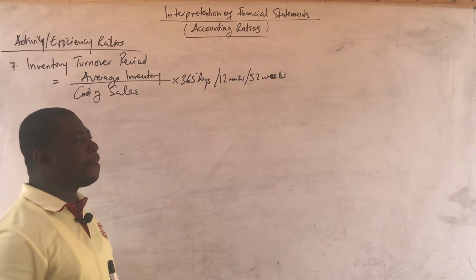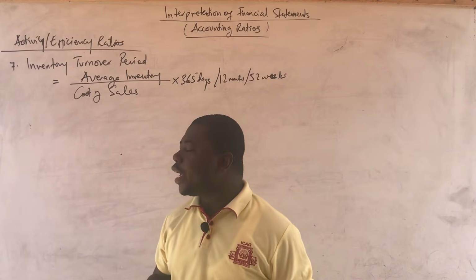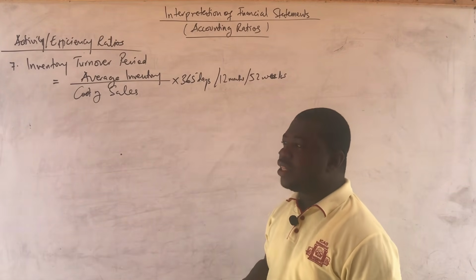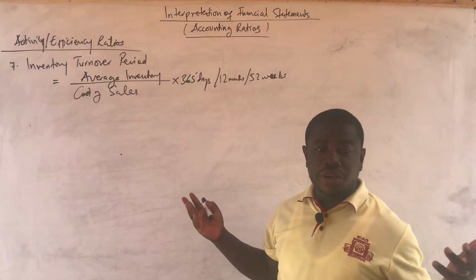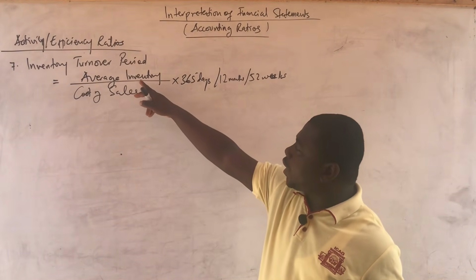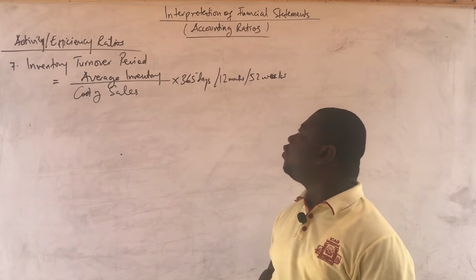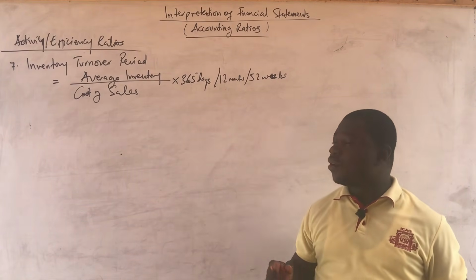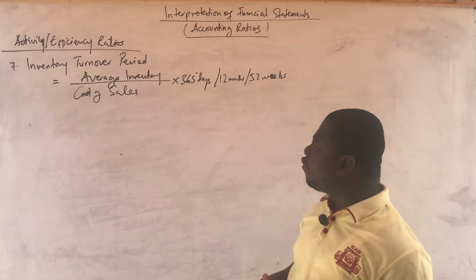And take note, for examination purposes, if you are not seeing the opening inventory, take your closing inventory as your average inventory and it's acceptable because there is no opening inventory. So you bring that inventory up here over the cost of sales times the number of days or months or weeks in the year, and then you get your answer. So that is how to get the inventory turnover period.